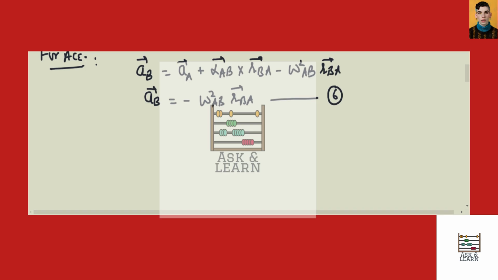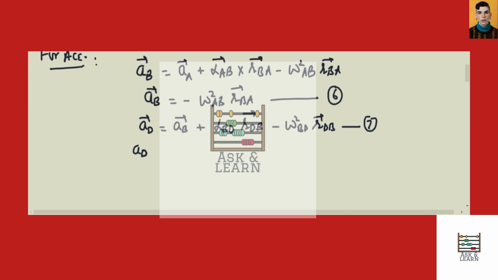Now acceleration of D point is acceleration of B point plus alpha BD k cap cross r_DB vector minus omega square BD r_DB vector.